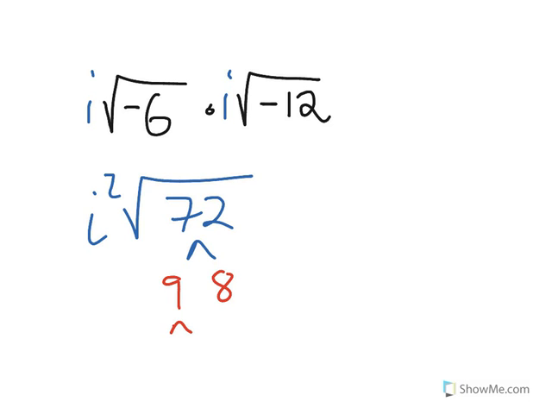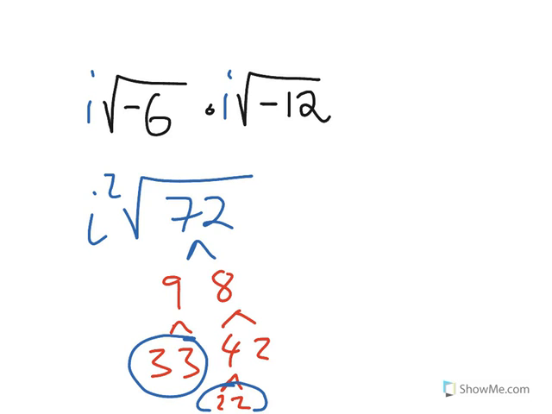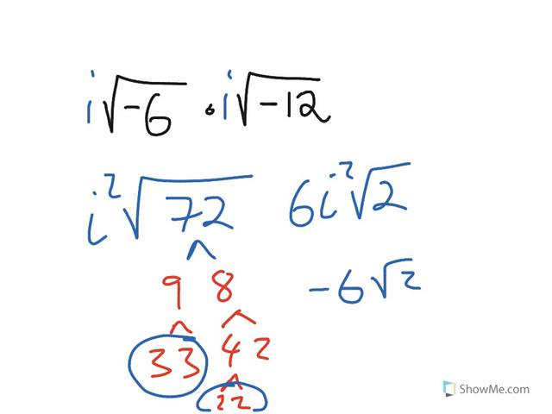So 3 and 3, 4 and 2, 2 and 2. So circle that. I'm going to multiply those together, so I'll get 6i squared square root of 2. And so that's just going to be negative 6 square root of 2.